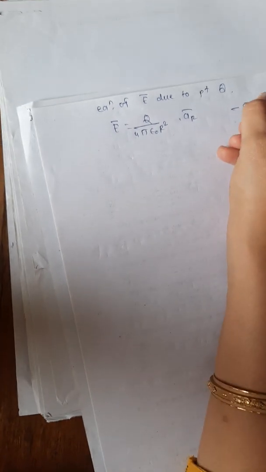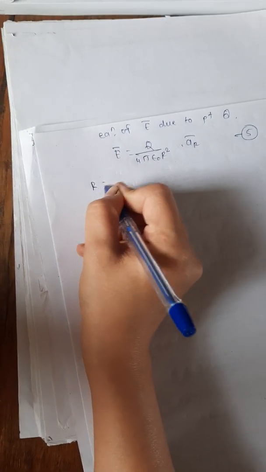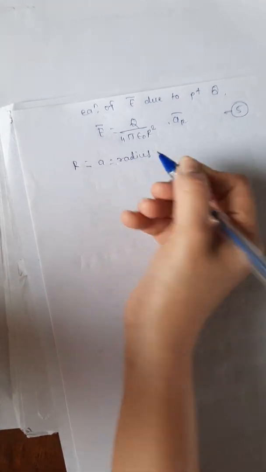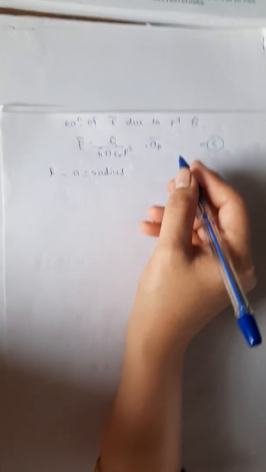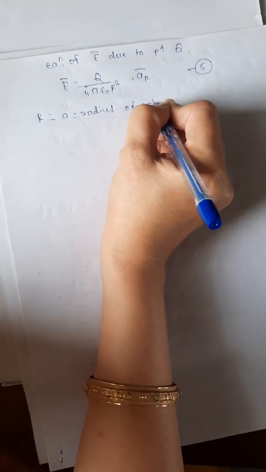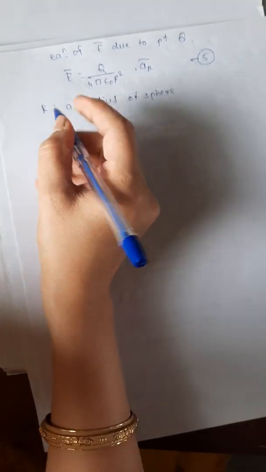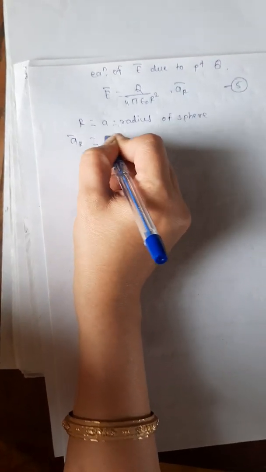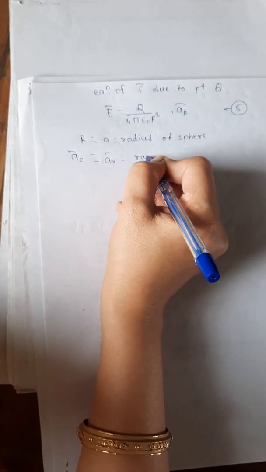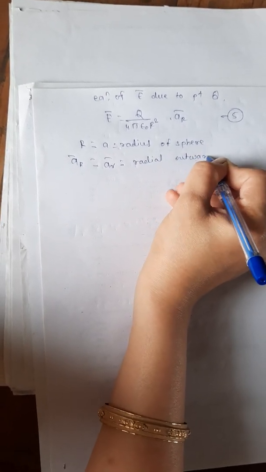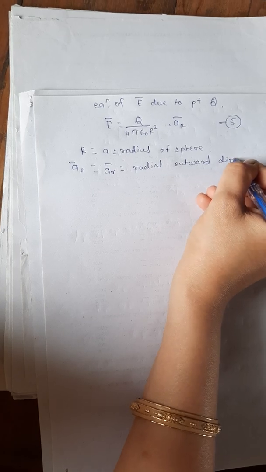This is equation number 5. Now what is r? R is a, the radius of the sphere. A r bar is the radial outward direction.